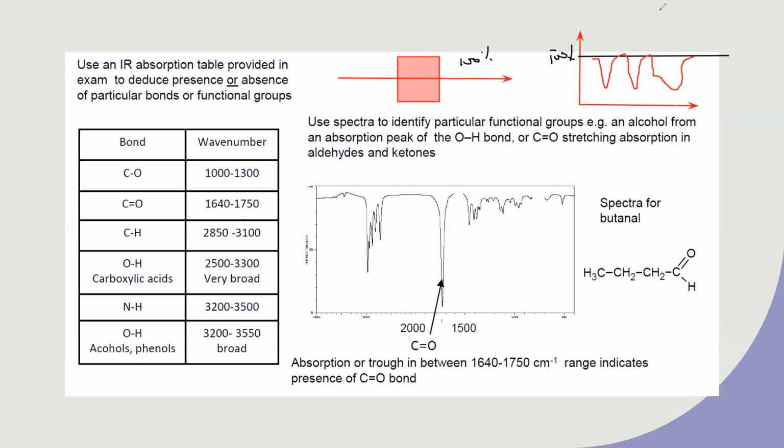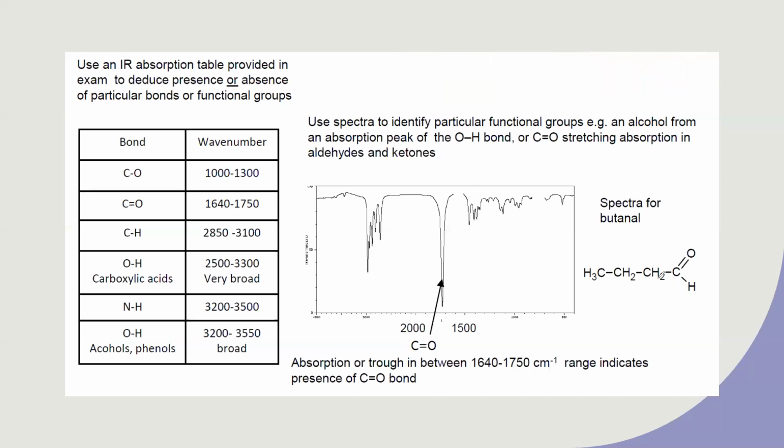For example, as you can see, we have a compound which is butanone. Which bond does it have? It has C double bonded with O. Sorry, it is butanone, not butanol. So if it is C double bonded with O, when we check for C double bonded with O, it's from 1640 to 1750.